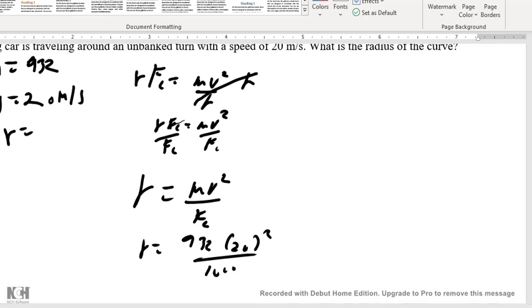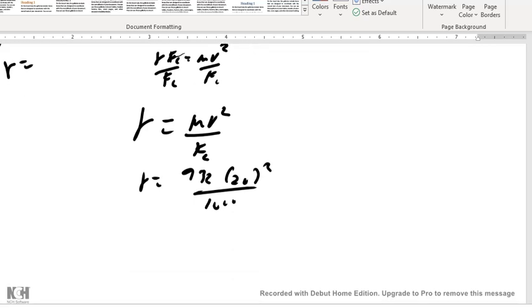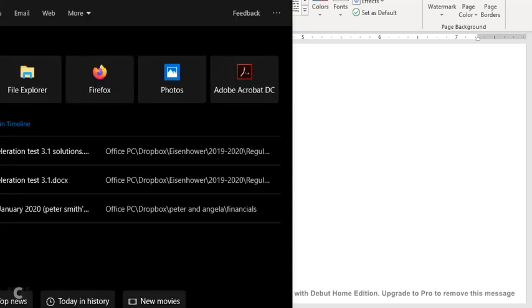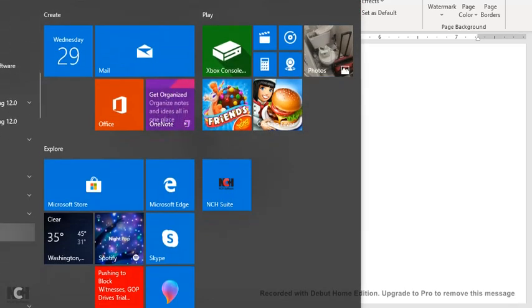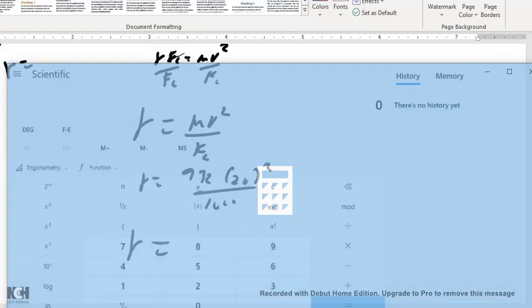Let's see what the handy dandy calculator tells us. R equals. Where's the calculator? It's trying to be stupid. There we go.